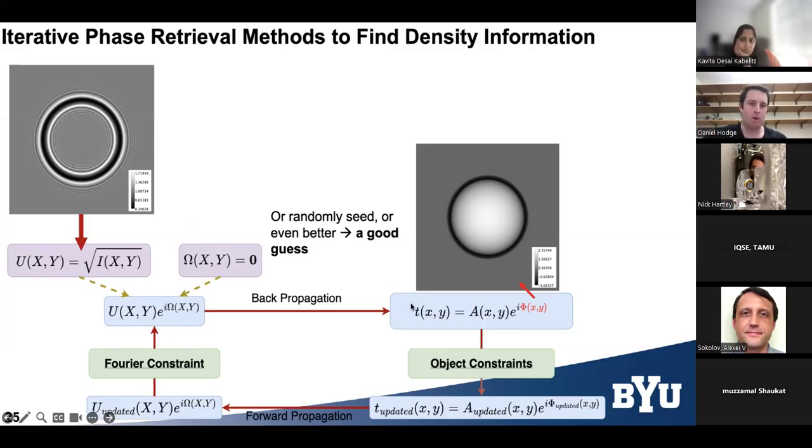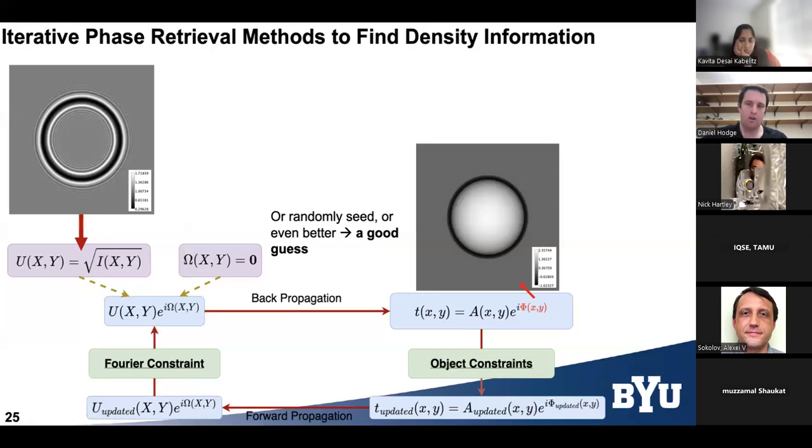And then we could back propagate that to the object plane, where we can enforce some constraints, right? So we could say, oh, maybe this object's in a particular region, so you can mask the object. Or you can say, oh, the bounds of my object should be between this value and this value. So those are some common constraints that people can do for phase retrieval.